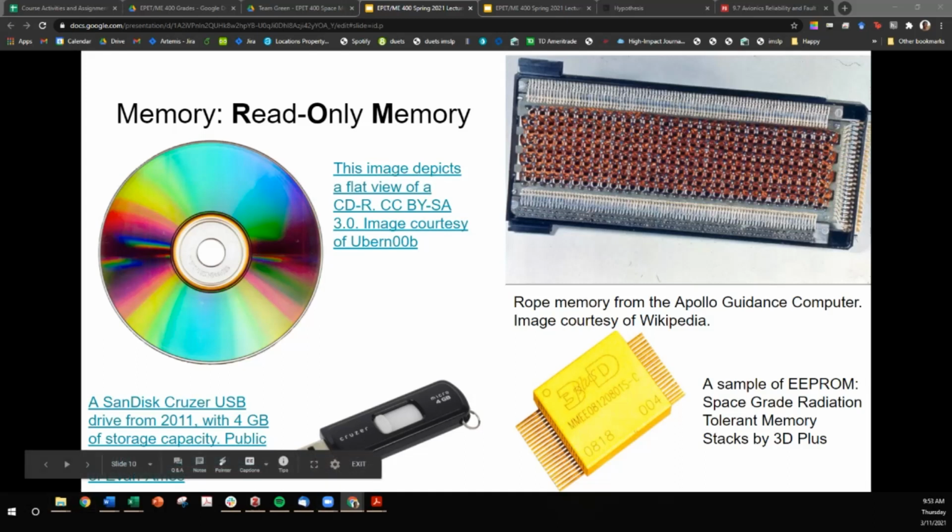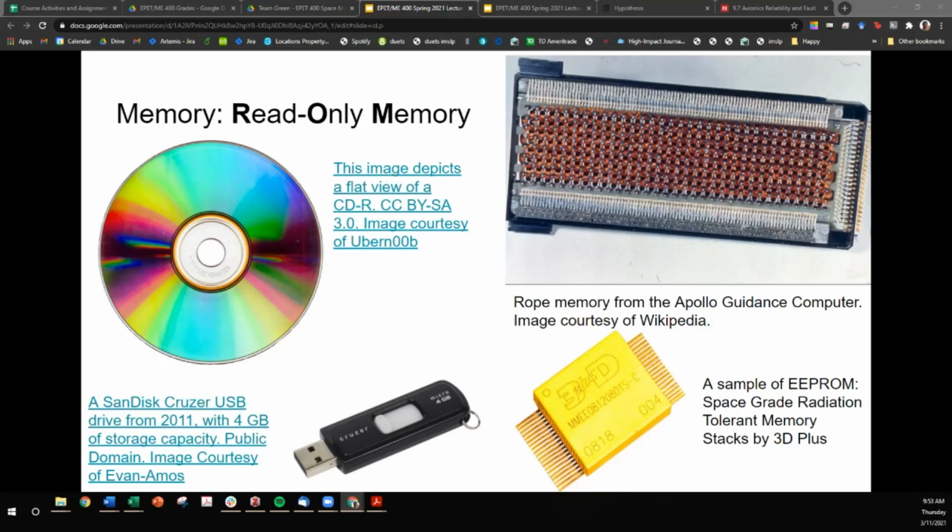If you recall, when CD-ROMs were a thing, I think the older ones, you could write once and then distribute. But I think the more modern ones, the technology came out that you could rewrite these CDs. Another type of read-only memory is USB.